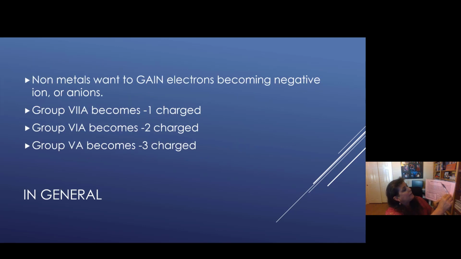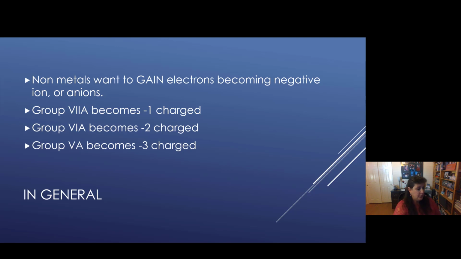The nonmetals are on the right side of the stair-steppy line, except for the noble gases, of course, which are already happy. The nonmetals, there's not very many of them, but they will gain electrons, becoming more negative than they started, and these are called anions.